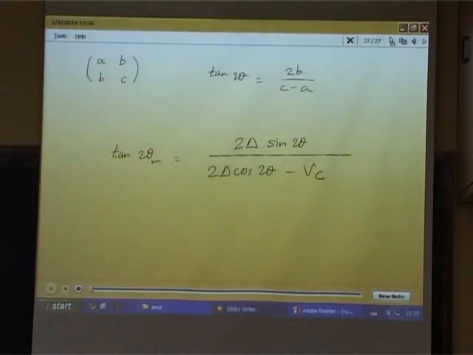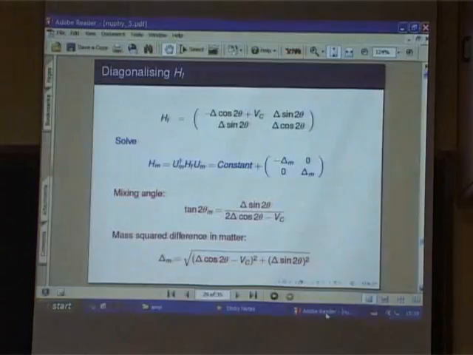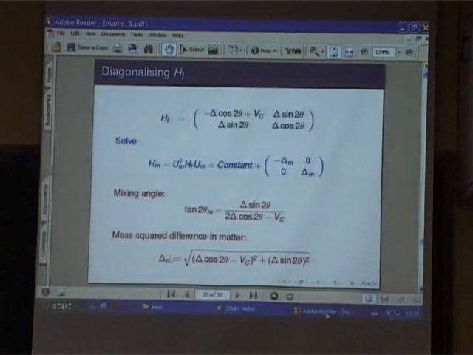So if I want to give you the value of delta in matter, I think I have made some error in the use of delta in matter.